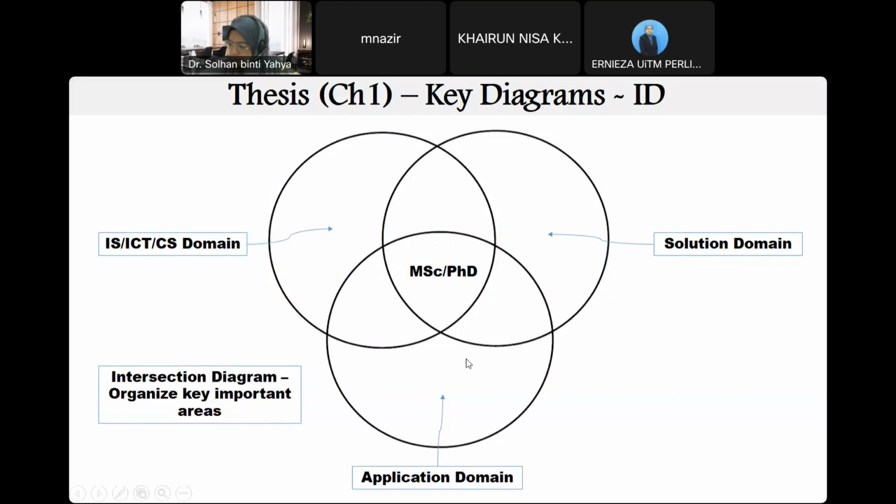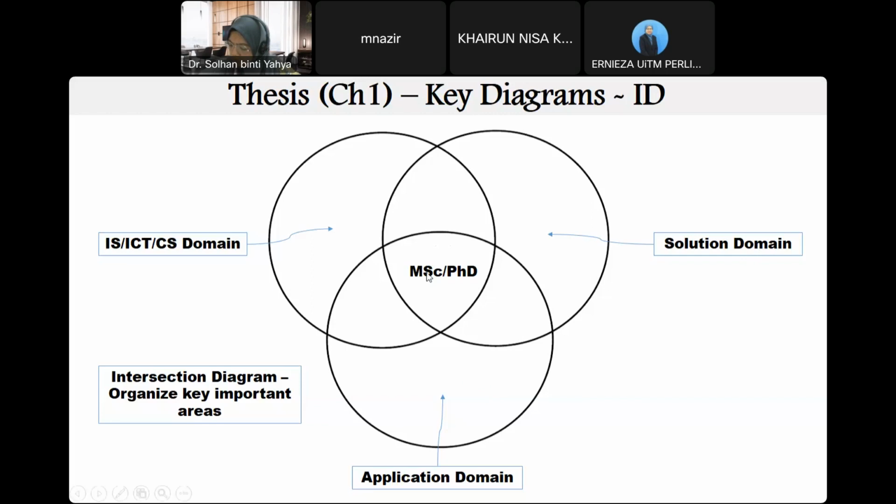And then what is the problem here? And then the solution domain is your solution to this problem triggered by the application domain. Probably you are an expert in ontology engineering, for example. Then you deal with ontology engineering as a solution domain, all right?